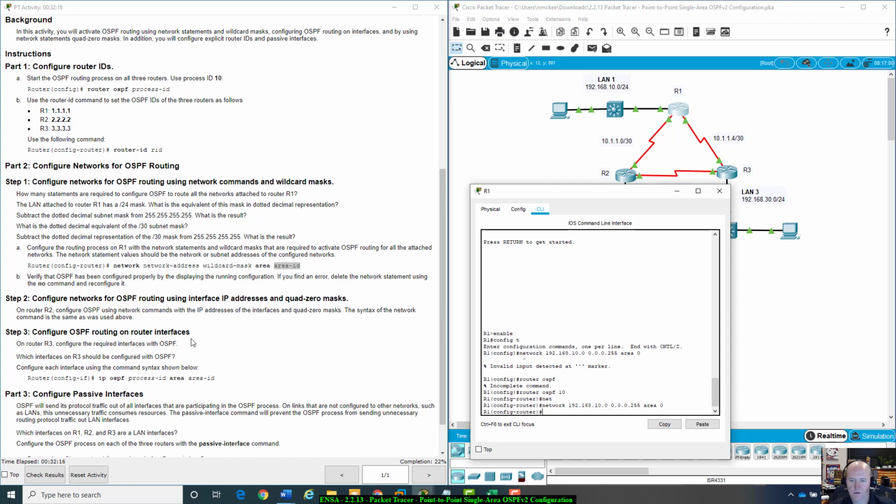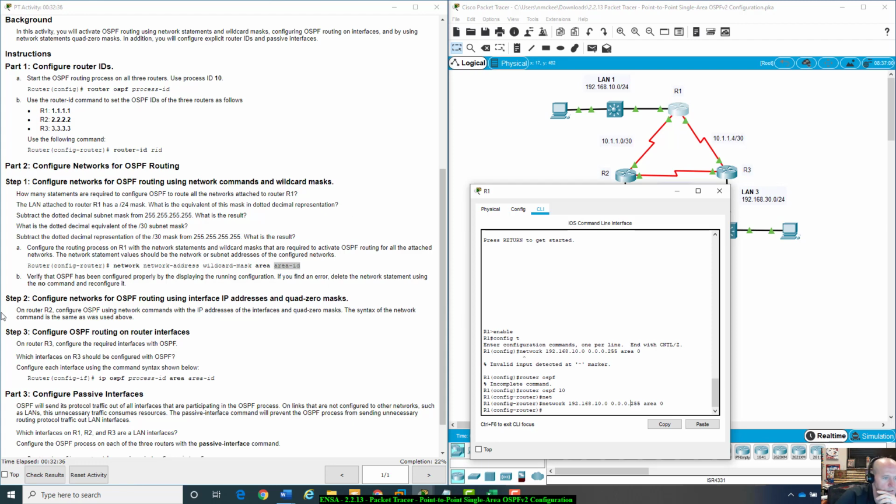We're doing this a little out of order, but we had to go back into the global config menu. So type in router ospf 10, and then I typed in the network.